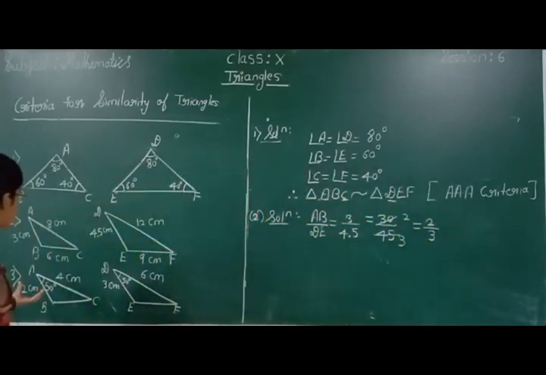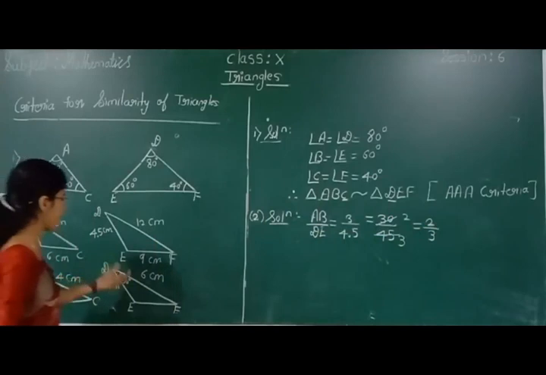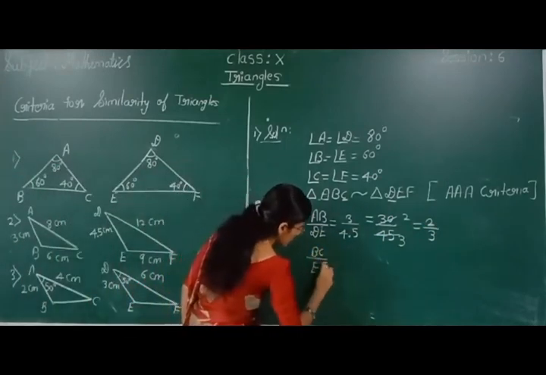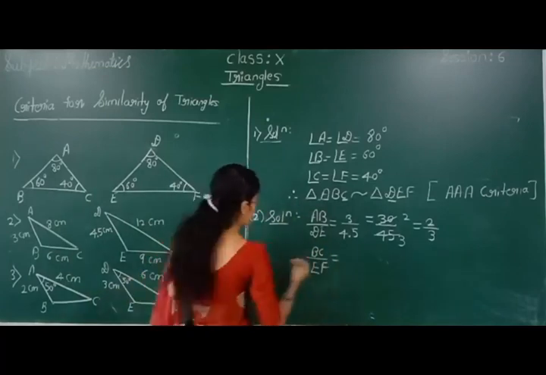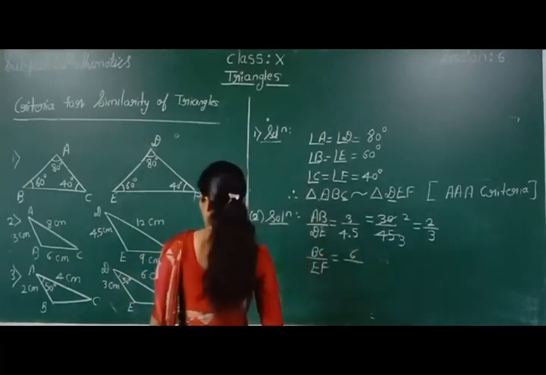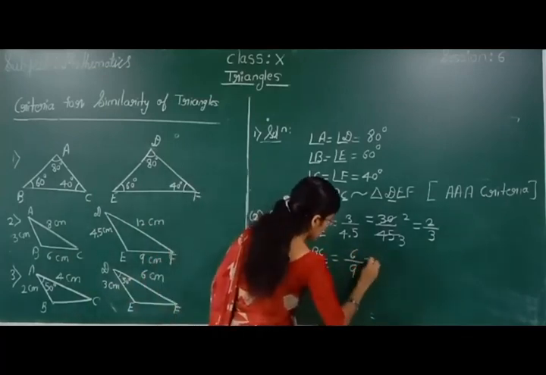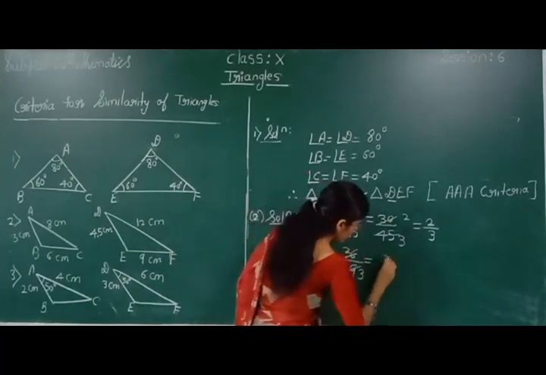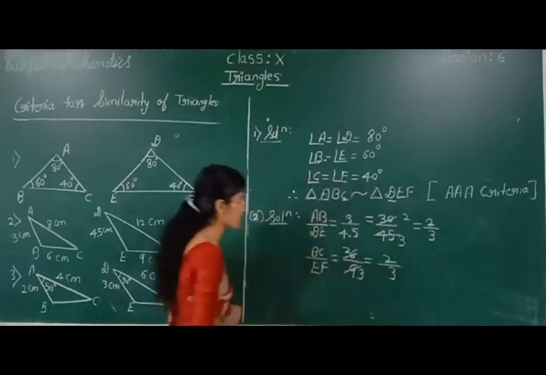Now we will check the ratios of BC by EF. BC they have given 6, EF they have given 9. 3 2s are 6, 3 3s are 9. Here also we are getting 2 by 3.